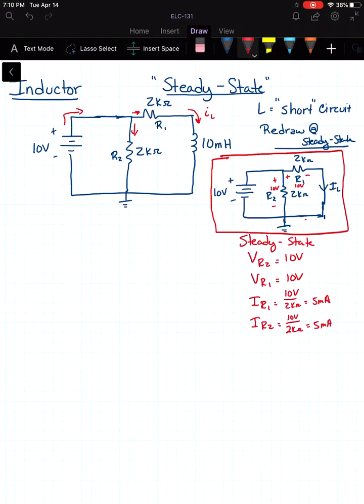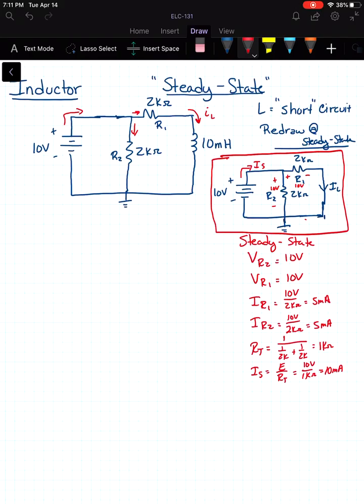Now, how would we find our current coming from the source? Right here. If we found our total resistance, which again is our 2K ohm resistor in parallel with our 2K, so we've got 1 kilo ohm total, and then our I sub S would be the total voltage divided by that total resistance, which we have 10 volts divided by 1K, which is 10 milliamps.